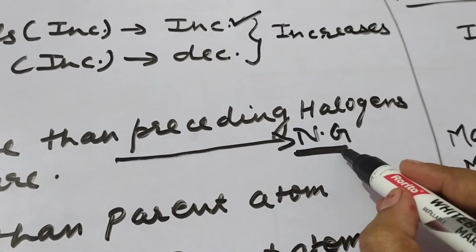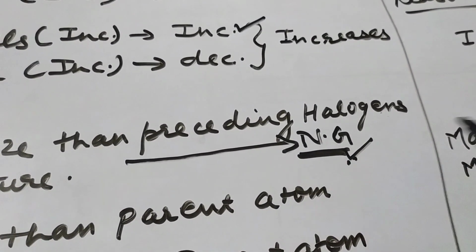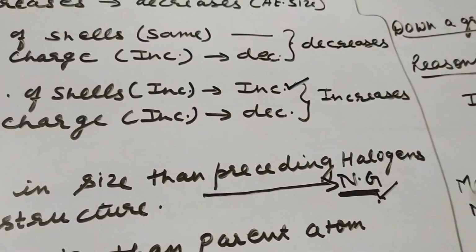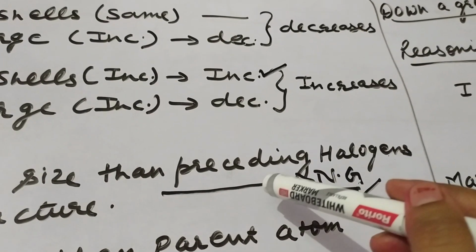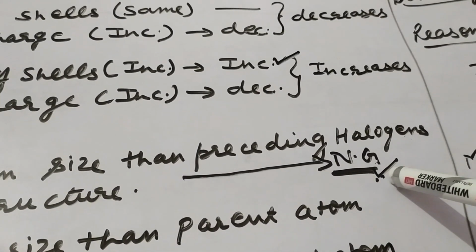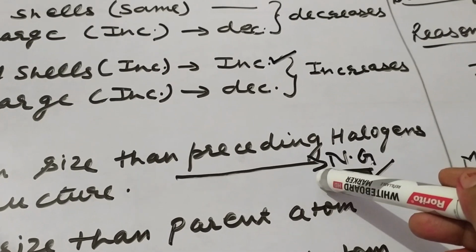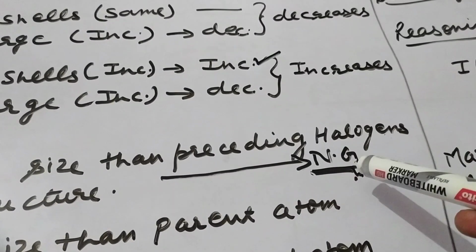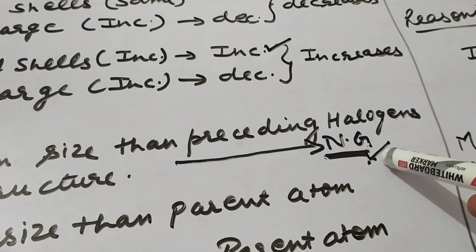Why? Because it has a stable electronic configuration. Due to stable electronic configuration, the electrons will repel and the size will slightly increase as compared to the halogen atom. So this is due to greater structural stability of the noble gases, that they have a bigger size than the corresponding halogen atom. But till halogen atom, the size will decrease and noble gas will be slightly bigger in size.